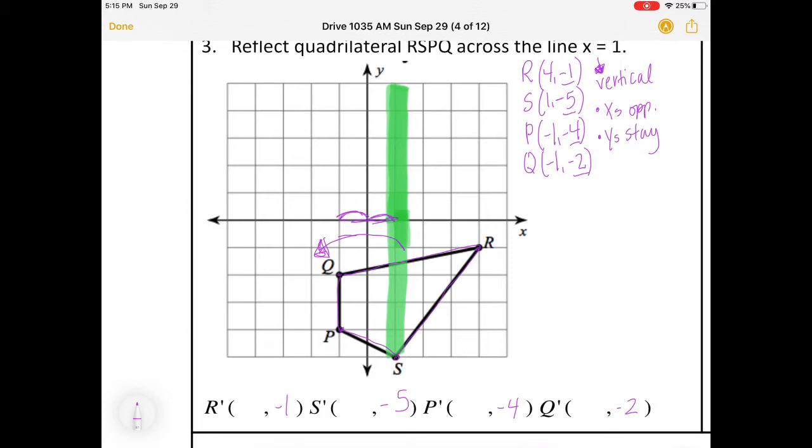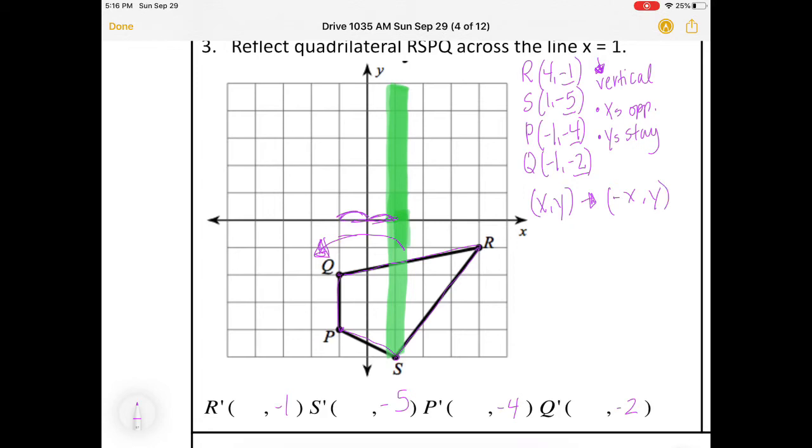So our mapping diagram, usually it would just be x comma y transforming to negative x comma y, because x's become opposite when it's a vertical, and you can think vertical goes along with the y-axis. We do that first.